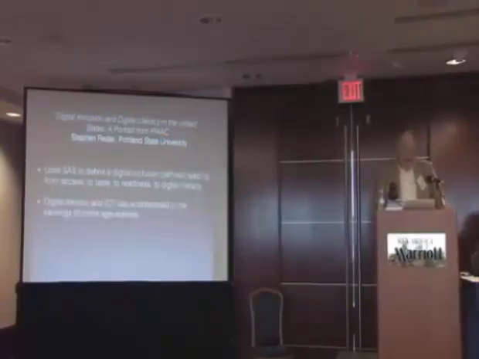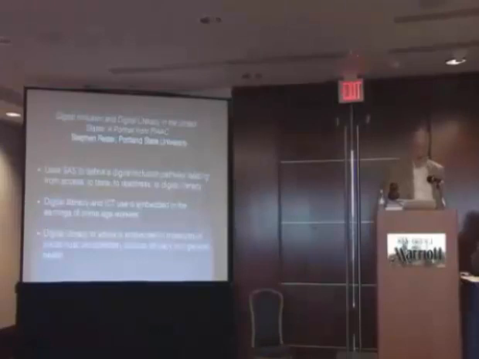Digital literacy and ICT use is embedded in the earnings of prime age workers, and I know you are very cautious about causality, but it's tightly embedded in the earnings of prime age workers. That's why this novel assessment, the first time we've had an assessment like this, of problem solving in technology-rich environments, is so critically important, because it is so closely associated with earnings.